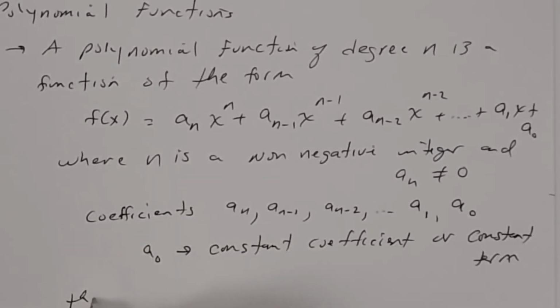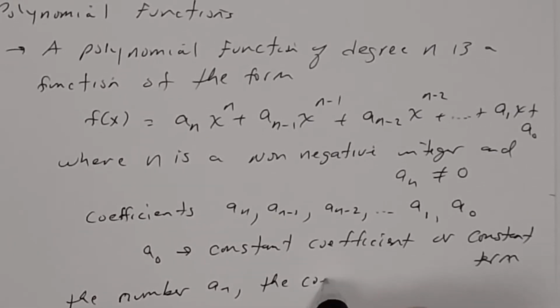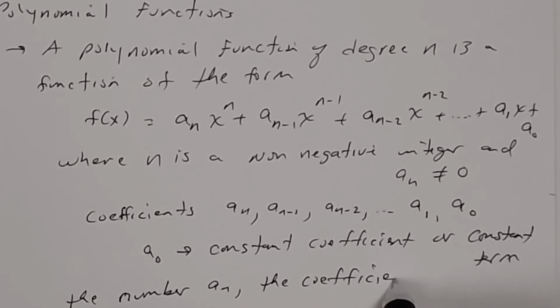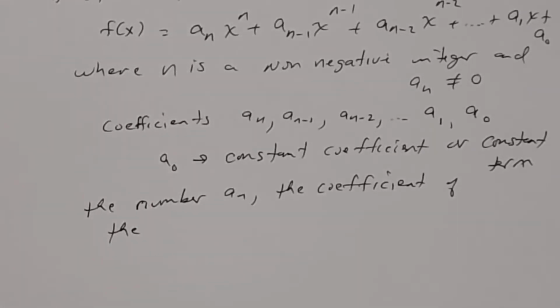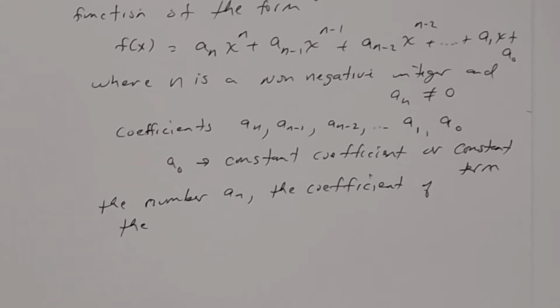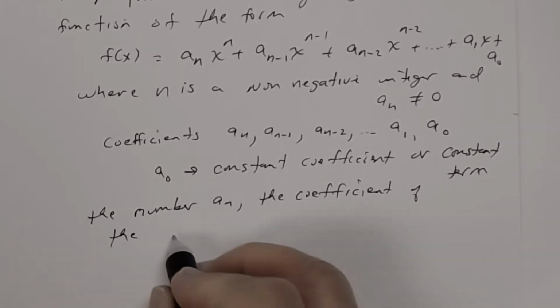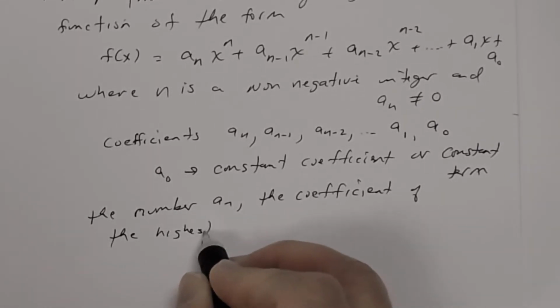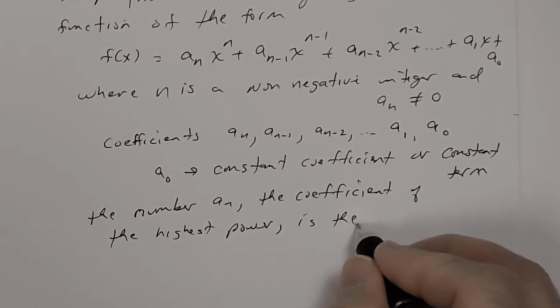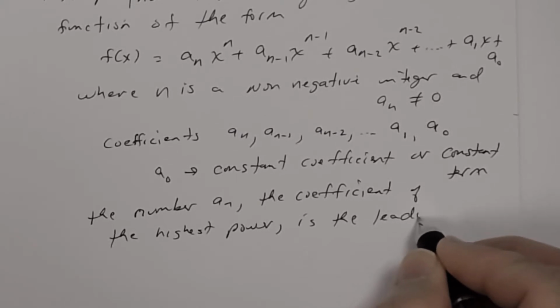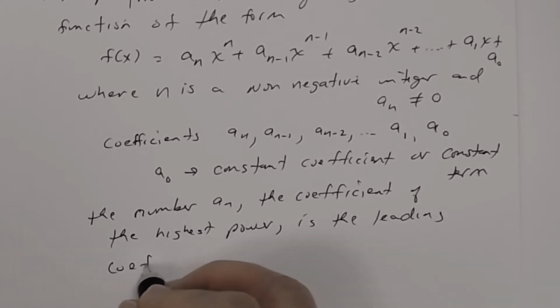So the number a sub n, which is the coefficient of the highest power, is called the leading coefficient.